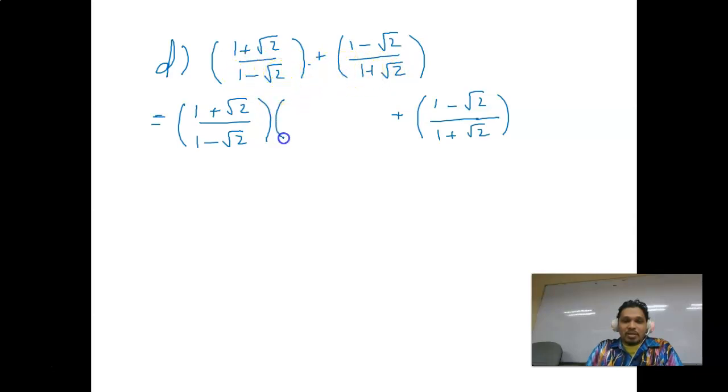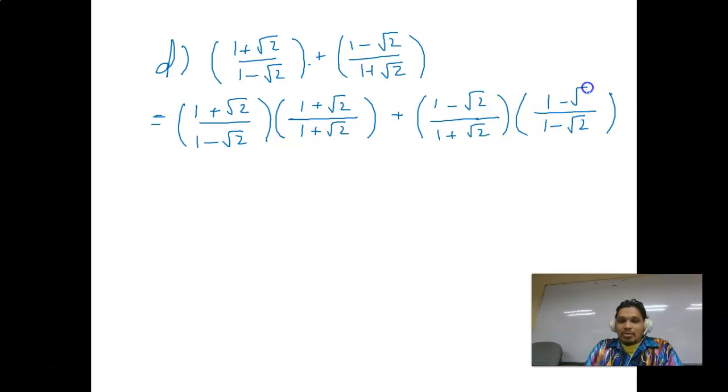So it's just like, for this one, we come up with 1 plus square root of 2, then we also have 1 plus square root of 2. And what about this one here now? The opposite of this is 1 minus square root of 2 and 1 minus square root of 2.